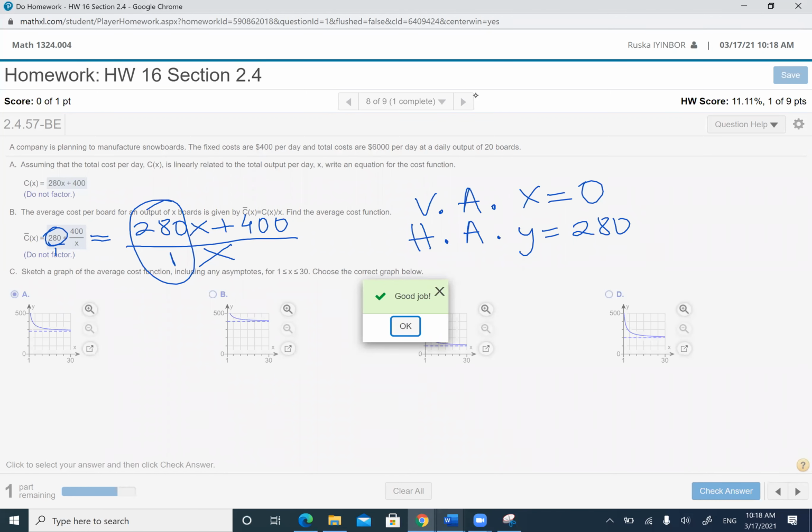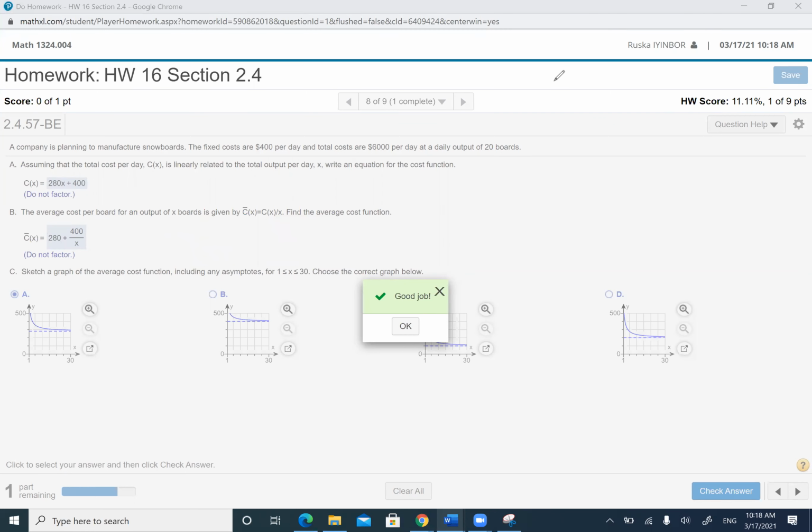We need to add everything together to make it one fraction. Then from the bottom, you get the vertical. From the top and bottom, you compare one of the three cases, and this gives you the horizontal asymptote. Okay? So that's how you do those.